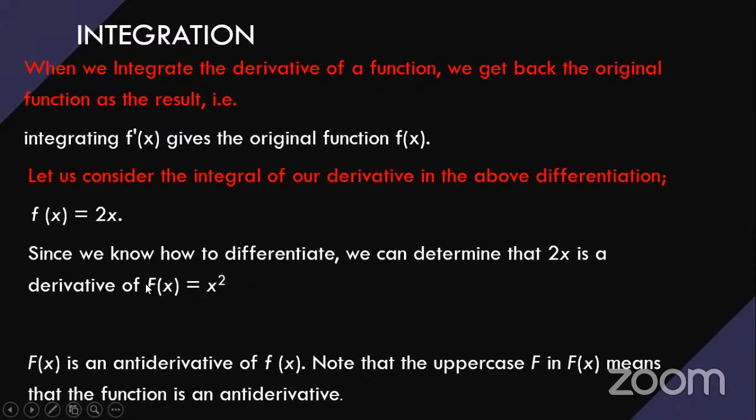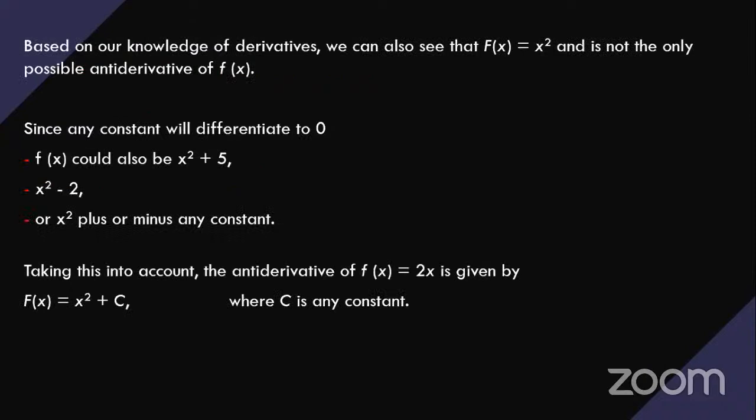Now we have capital F of x in this form. What we are telling you is that capital F of x is an antiderivative of small f of x. The upper-case F simply tells us that it is an antiderivative of f of x.